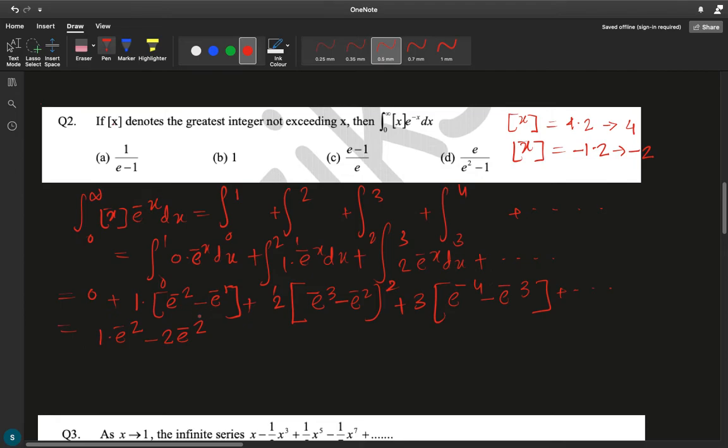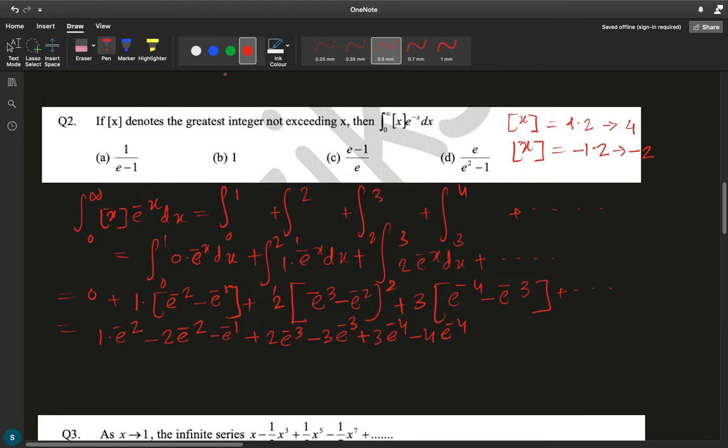We can also see 2 times e to the power minus 3, that is minus 3 times e to the power minus 3, and plus 3 times e to the power minus 4 and minus 4 times e to the power minus 4.